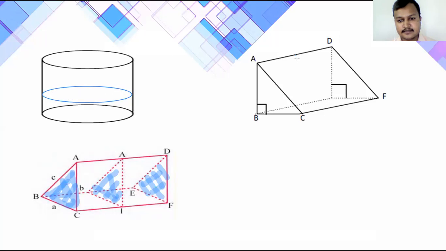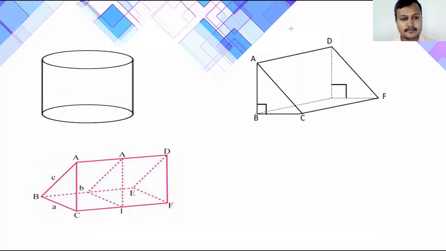For this pyramid prism also, if we cut from here, यहाँबाट यसरी काट्यौँ भने फेरि जो फ्रन्ट साइडमा ट्रायंगल थियो त्यस्तै ट्रायंगल यहाँ पनि आउँछ. Same triangle is obtained, and these are cross sections. These triangles are cross sections for the prism.